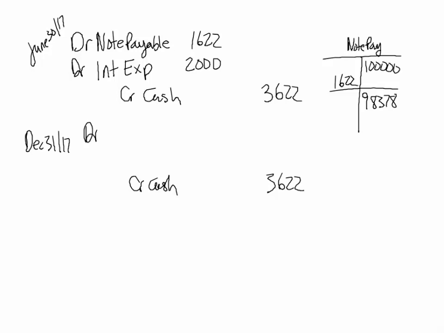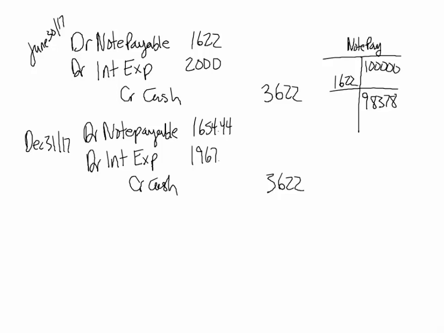It'll be a debit to the note payable for the principal effect, which in this case is $1,654.44, and it's going to be a debit to the interest expense because we have the use of the money over time, and that's $1,967.56.